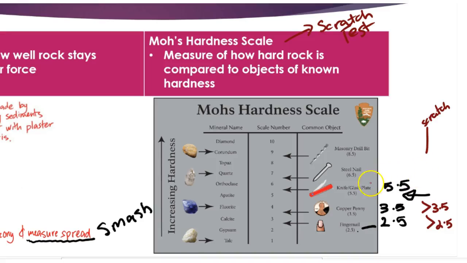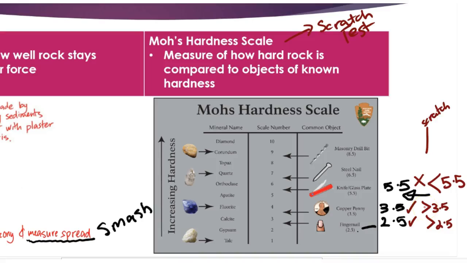Say I tried to scratch it with the next one up, which in this case is a knife or a piece of glass, and it did scratch with the knife or the piece of glass. That means it is less than 5.5, which is the hardness of glass.